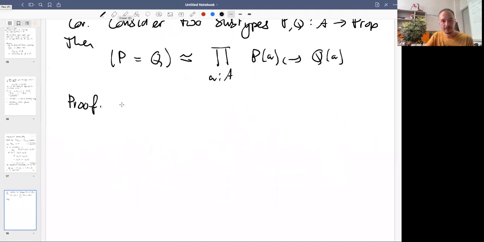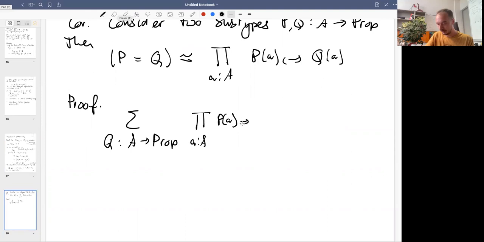Again, by the fundamental theorem, we are going to show that sigma Q from A to prop, and now for every A in A, P A Q A, we want to show that this here is contractible.